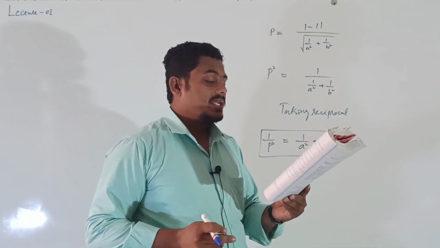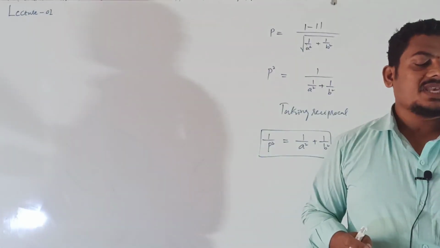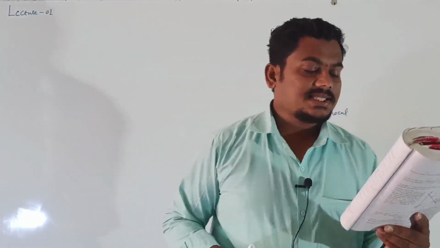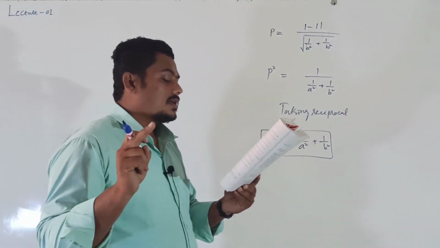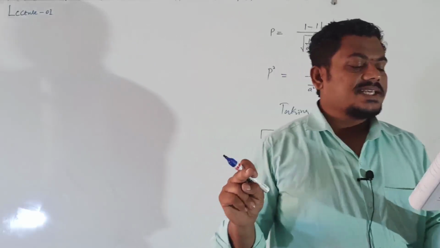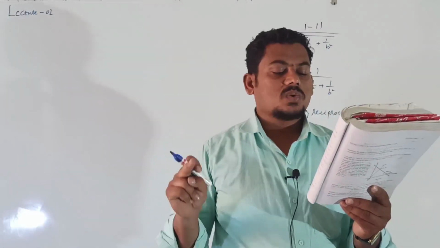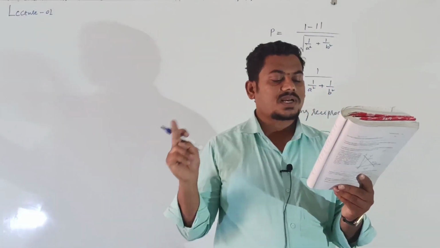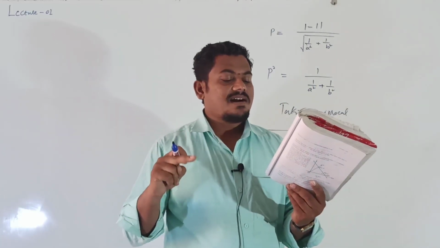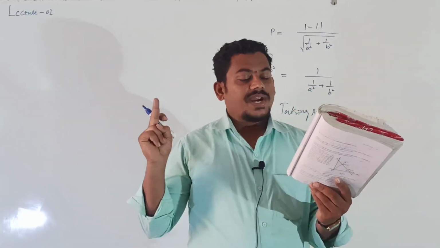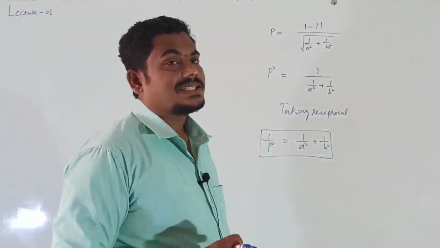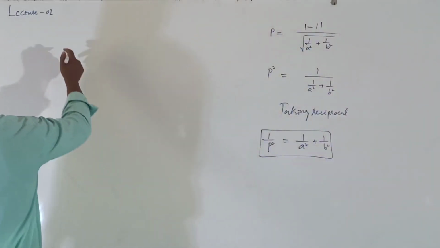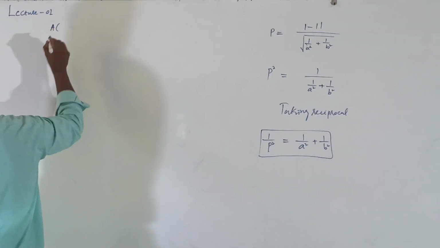Question number 17 in exercise 10.3. In triangle ABC with vertices A of 2, 3, B of 4, -1 and C of 1, 2, find the equation and length of the altitude through vertex A. Clearly vertices they have given, right?